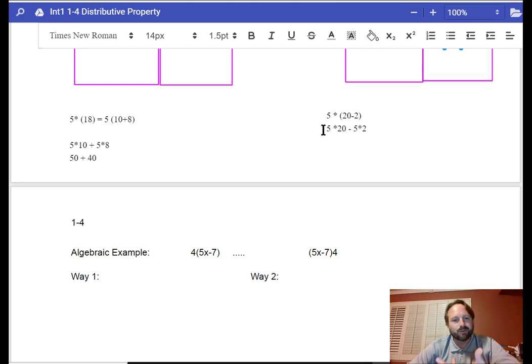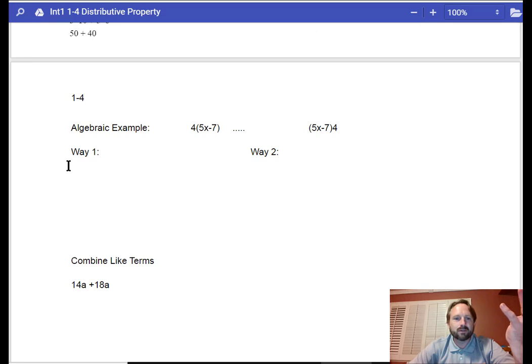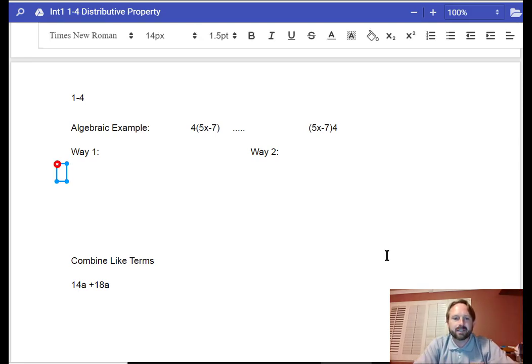All right, so we're going to continue on. Here's an algebraic example. They're saying, I have 4 groups of 5x minus 7. What does that mean? That means 4 times every single thing in that parentheses.